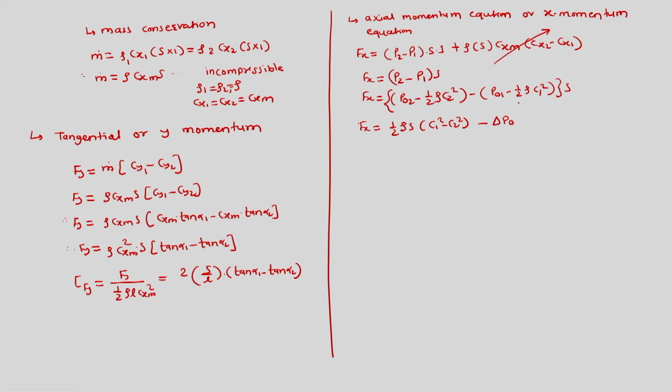So, delta P naught is P naught 1 minus P naught 2 over here, since we have minus sign here.